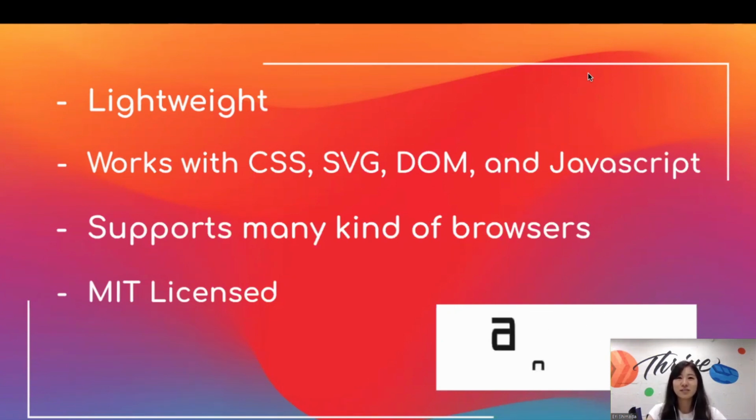It works with CSS properties, SVG, DOM attributes, and JavaScript objects. And Anime.js supports many kinds of browsers such as Chrome, Safari, Opera, Firefox, and Internet Explorer. And also it's MIT licensed, so you can use it for your business.